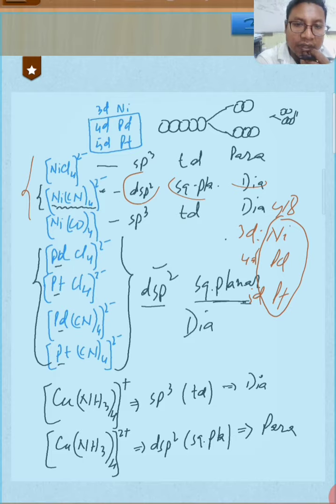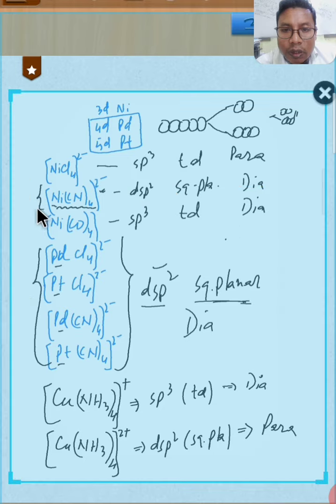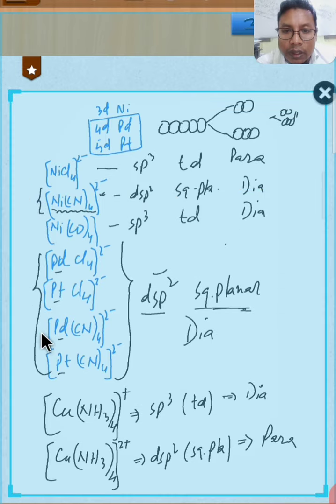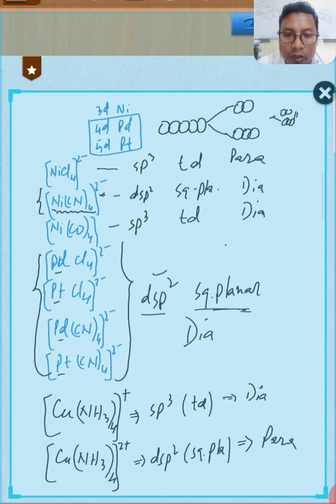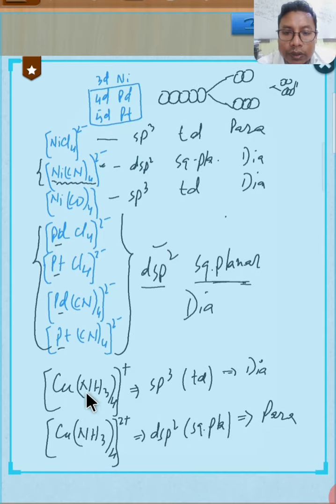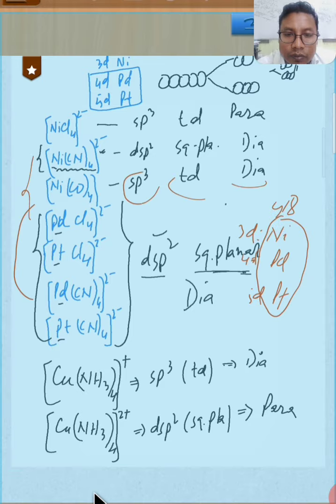But for simplicity I'm just saying that with 4d and 5d complexes, the ligands can be treated as strong ligands. So their properties will be exactly similar to this complex. Means what? The properties of this complex will also be possessed by these 4 complexes.